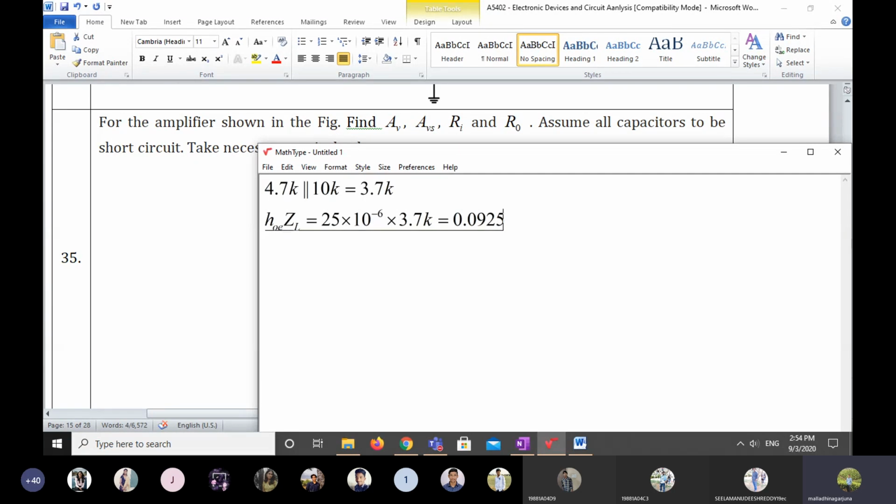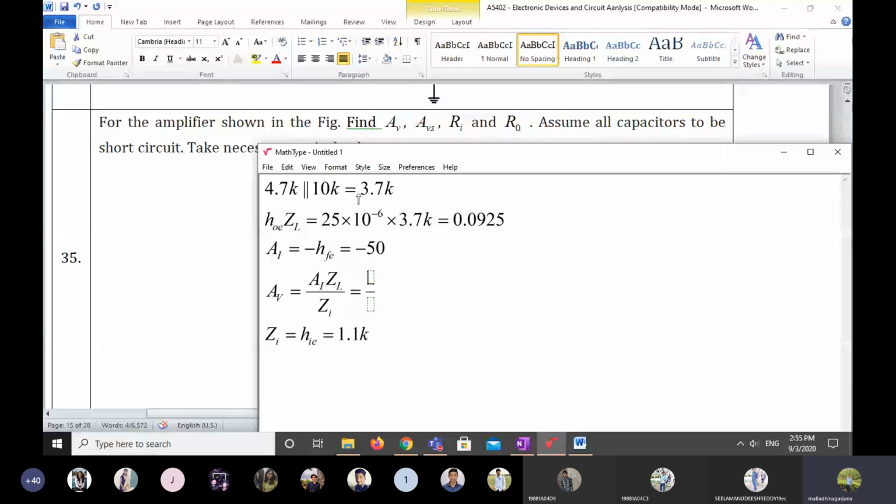simplified model. In the simplified model, what is the current gain? Minus HFE. Yes, this is the direct formula, minus HFE. HFE value is 50, so minus 50 is the current gain. What is the formula for voltage gain? AI into ZL by ZI. So first we have to calculate ZI. What is the formula for ZI? HI. What is the typical value? 1100 ohms, that is 1.1K.